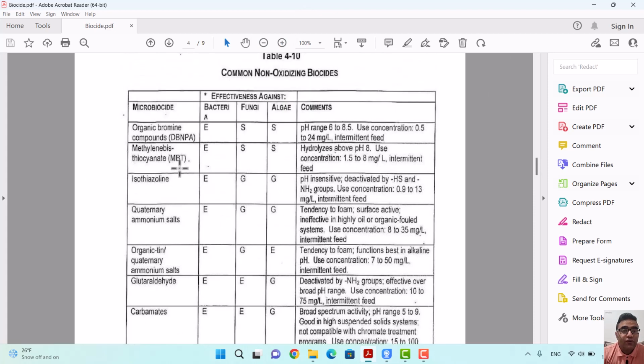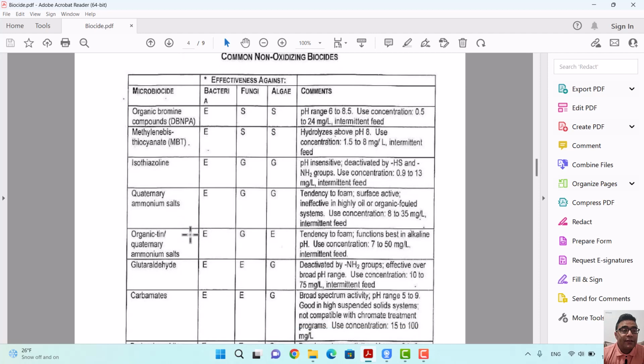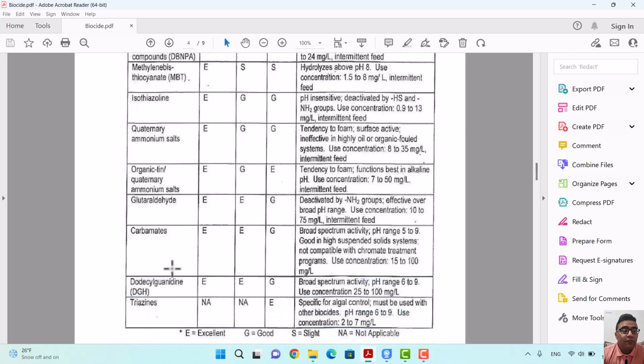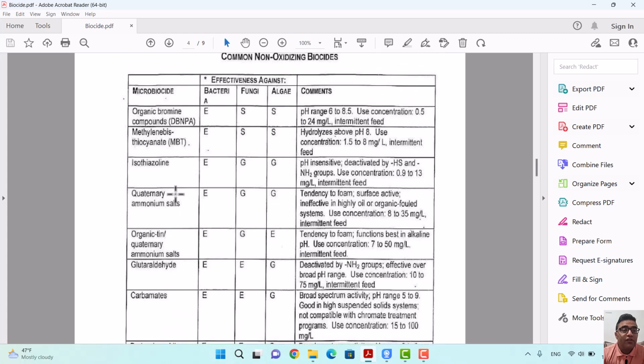Here, of course, I'm just going to talk about the most common types: isothiazolone, quaternary ammonium salts, glutaraldehyde, and organic bromine compounds.